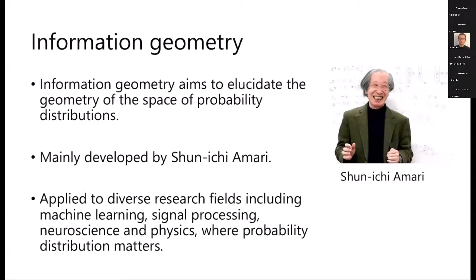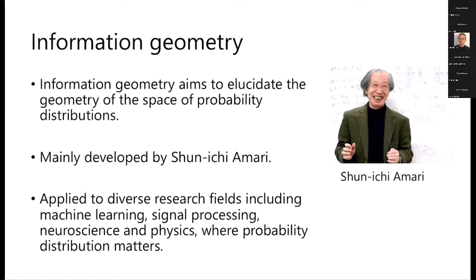Information geometry is a field of mathematics that aims to elucidate the geometry of the space of probability distributions. It has been mainly developed by Shunichi Amari, who was actually my mentor when I was a postdoc in his lab.